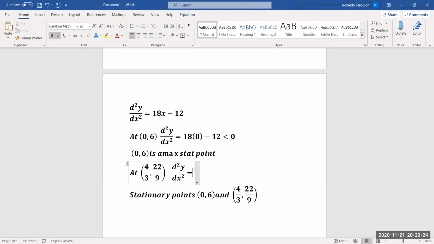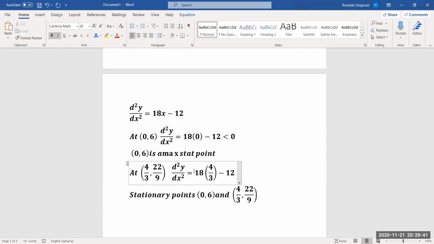It's going to be 18 times 4/3, and you get 24, minus 12, and that is what?